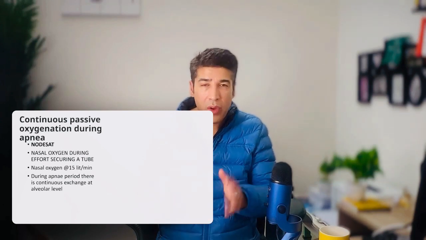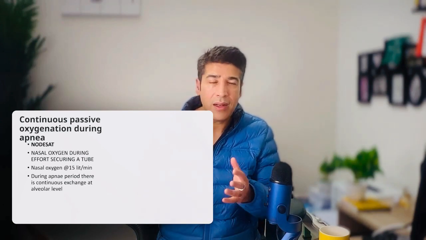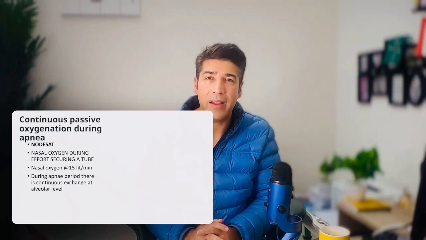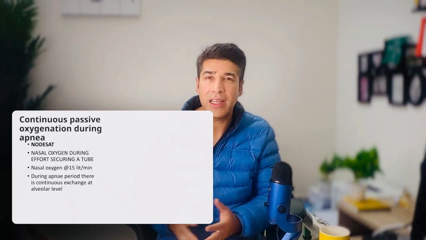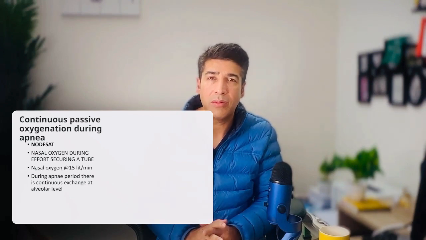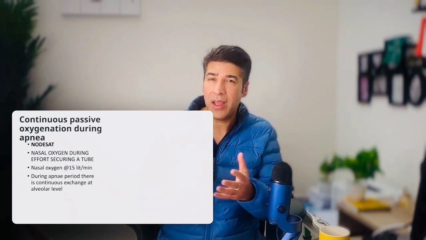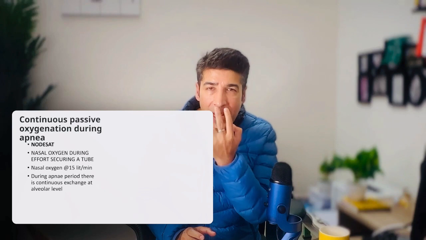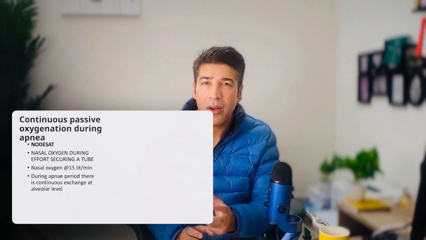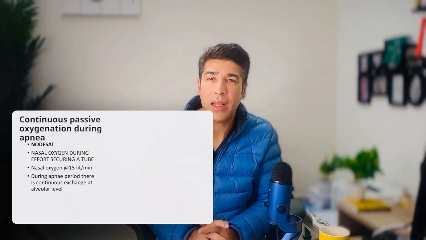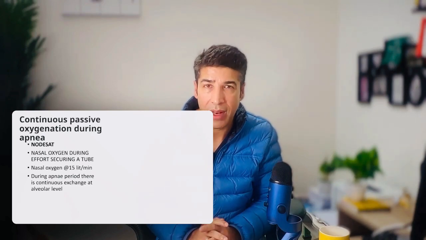So if you feel that the patient is having a high right to left shunt, ARDS patients, critically ill patients, you are rushing for pre-oxygenation. You have done pre-oxygenation with non-invasive. Just keep this nasal cannula there in order to increase the safe apnea time, and tolerance for apnea will happen.